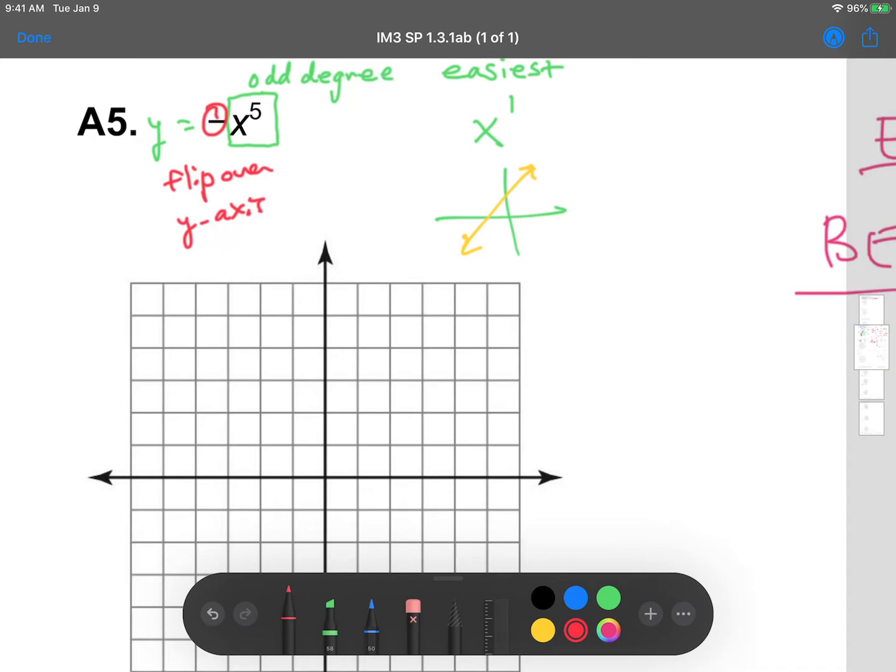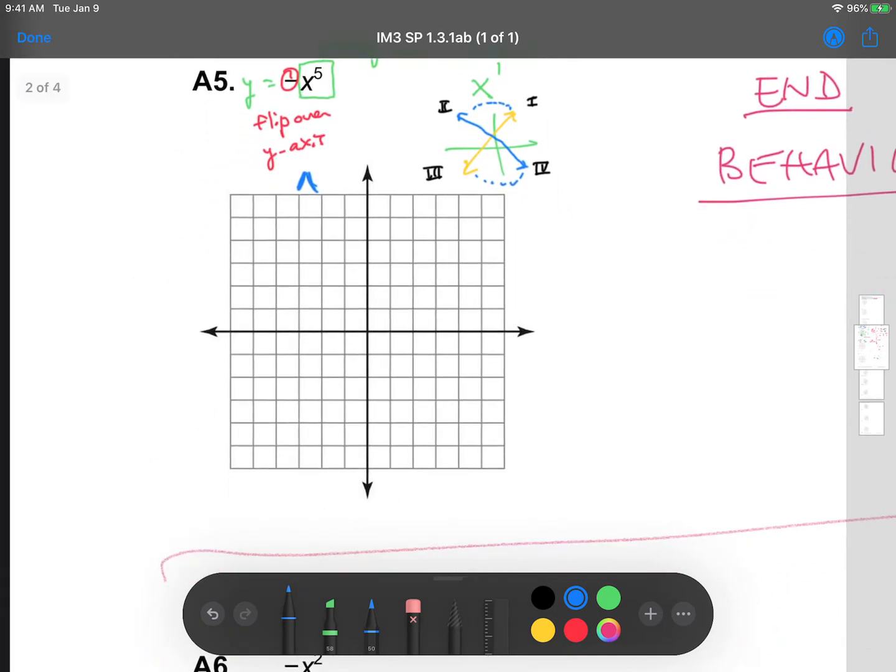So instead of the arrows being in quadrants 1 and 3, it's now going to be flipped to 2 and 4. This arrow here went over there, and this arrow goes that way. So the blue, we're going to have something that looks like this. You can just make a quick sketch.